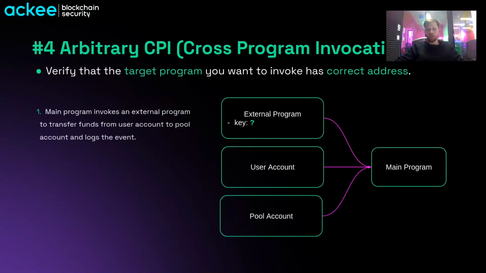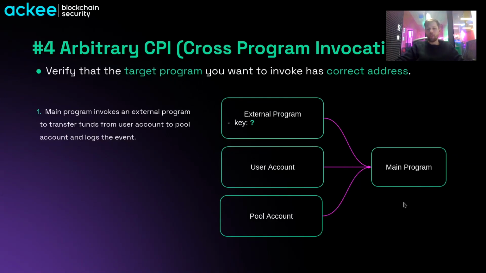Imagine the scenario that you have your main program that for some reason calls your external program in order to transfer the funds from the user account to the pool account.